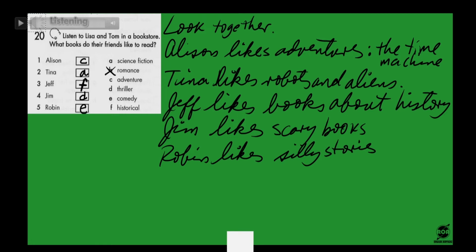Tina likes robots and aliens. So in this case, for Tina, it's science fiction, and so on. So it's very important to understand from listenings what the real message is, because that's a very important task to master your listening.